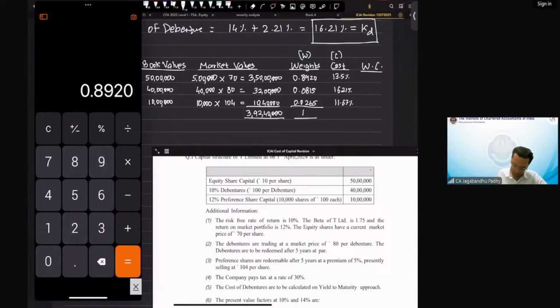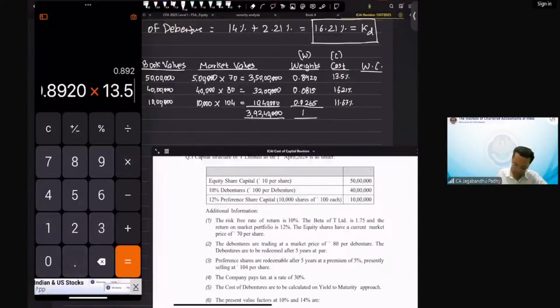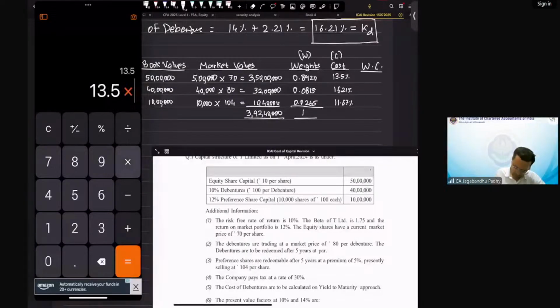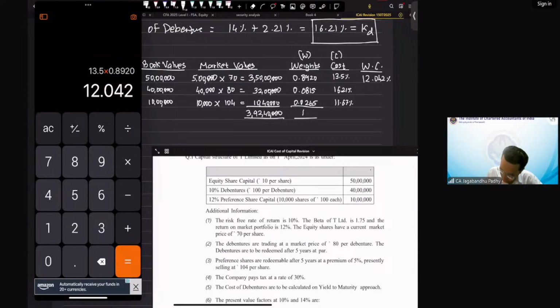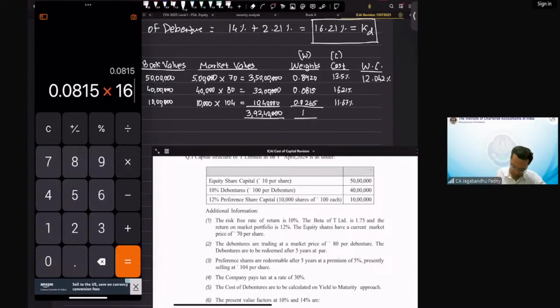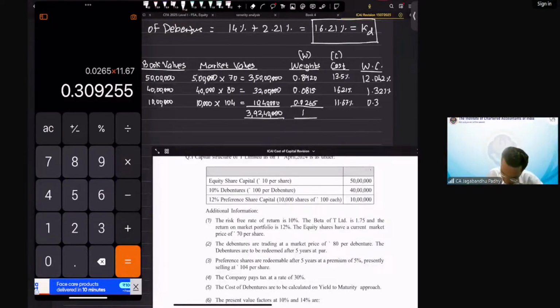0.8920 into 13.5%, or you can just say 13.5 into 0.8920, it is 12.042. Then another is 0.0815 into 16.21, that's 1.321. Then 0.0265 into 11.67, that's 0.3093.